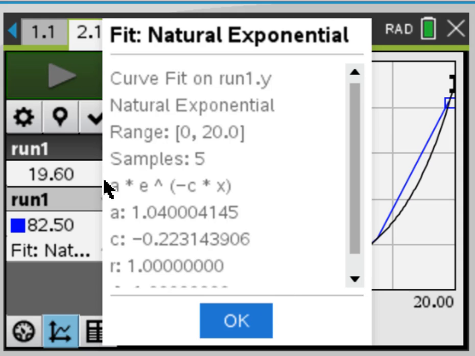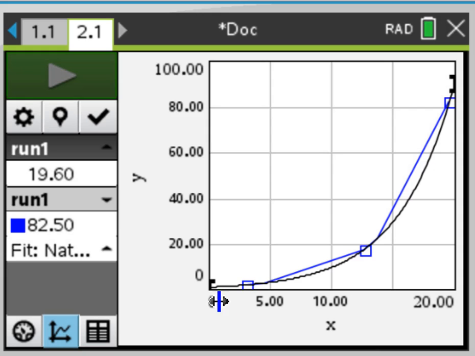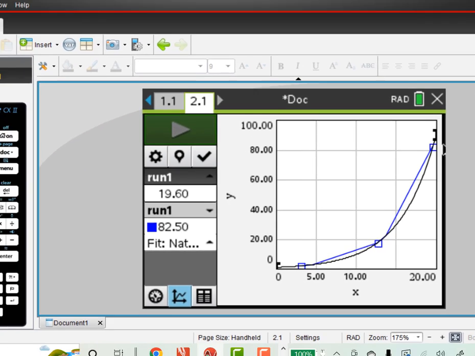Our model is in the form of A times e to the power of negative C times X, where A is 1.04, C is negative 0.223, and my R value is 1. Now, if I go OK, you can see that black curve there. That's fitting the natural exponential.